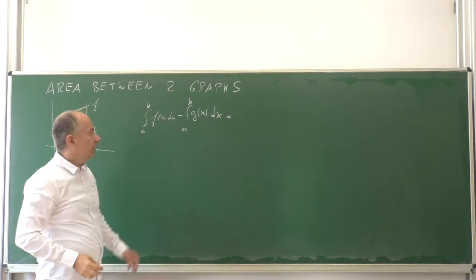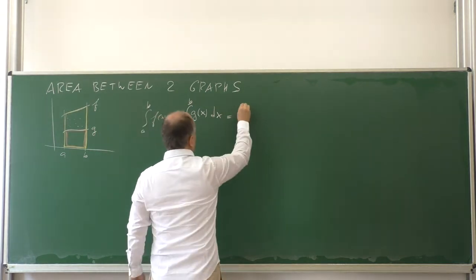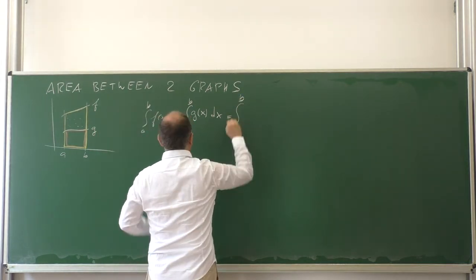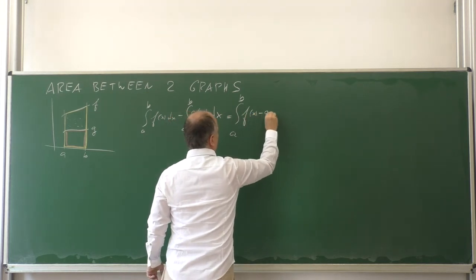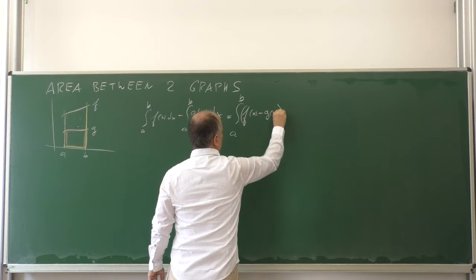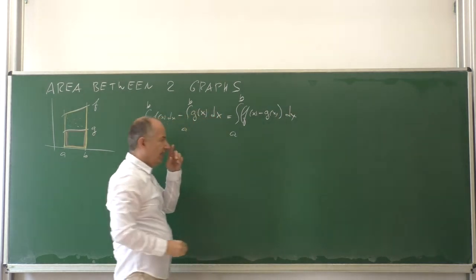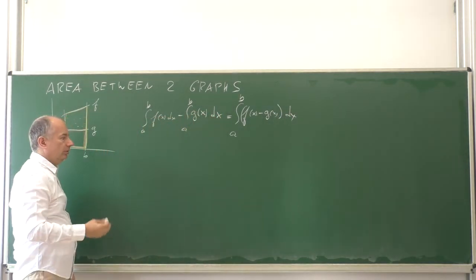But this can be written in a shorter form, namely integral from a to b of the difference f minus g dx. And this is a result good to remember, or good to know.